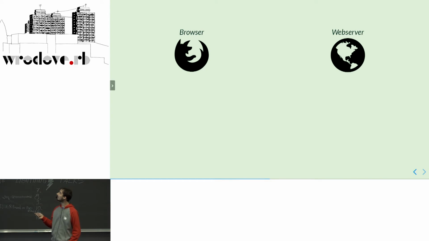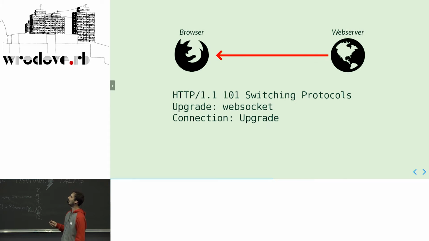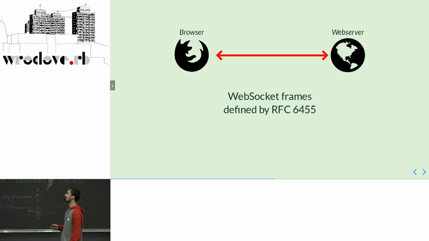So when you have your browser and your web server, your browser sends an HTTP GET request with the upgrade header, which tells the web server that, hey, I'm opening an HTTP connection, but I would like to talk in WebSockets. So the web server sends back an HTTP 101 switching protocols, and after that, the protocol changes, it upgrades to WebSocket.